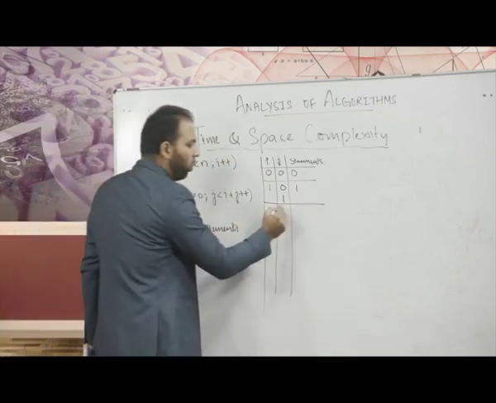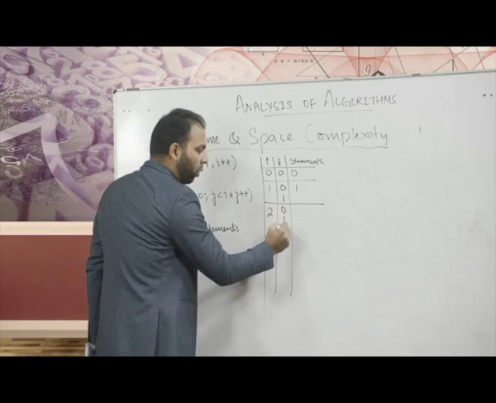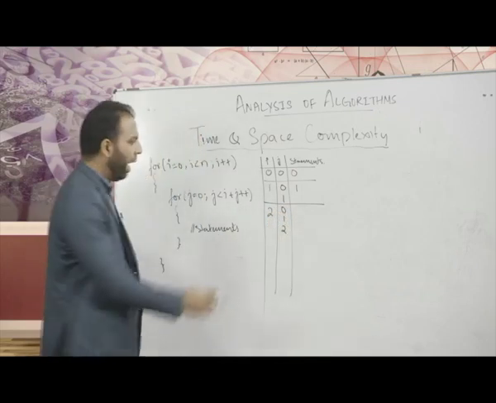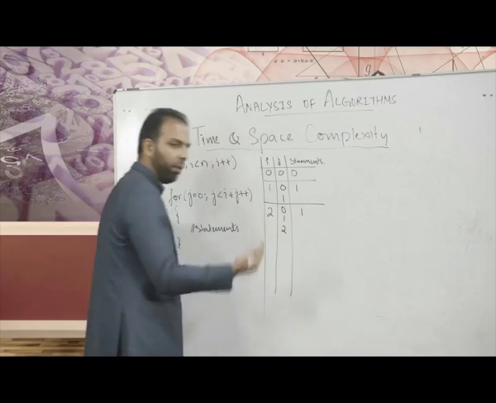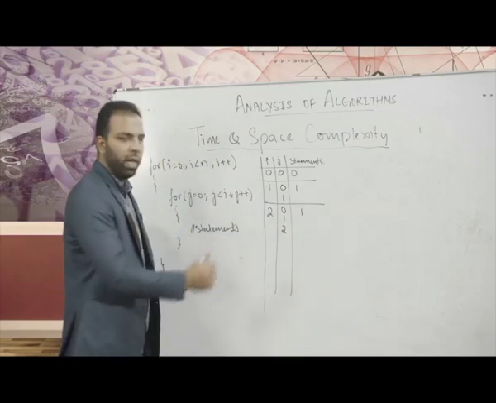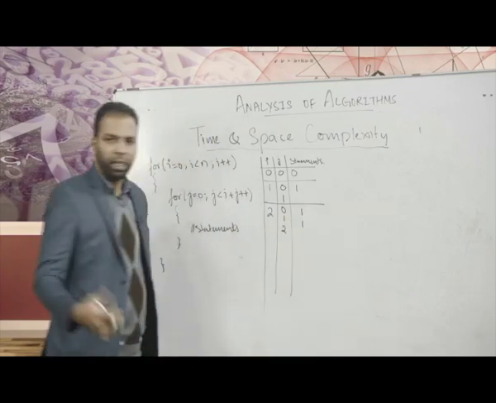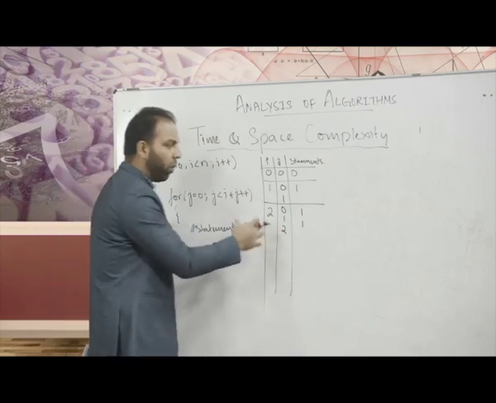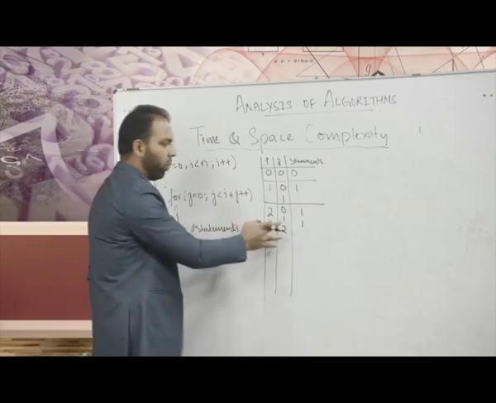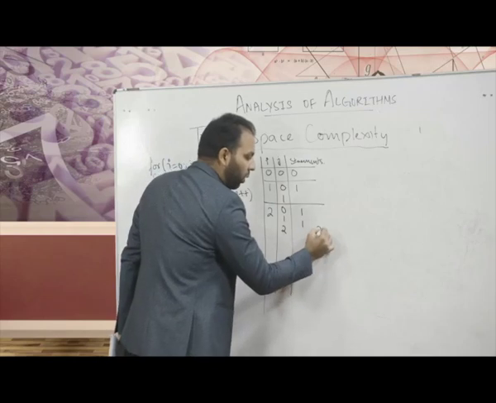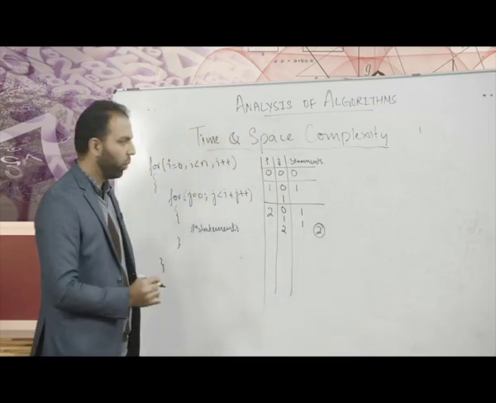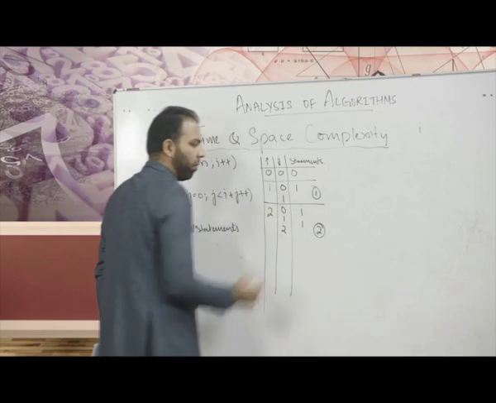When i is 2, j will go from 0, 1 to 2. Once one statement will be executed because j is less than i, here again one statement will be executed, and here the statement will not be executed. Why? Because i is equal to j. So in total 2 times the statements will be executed here, and for the previous case 1 time.